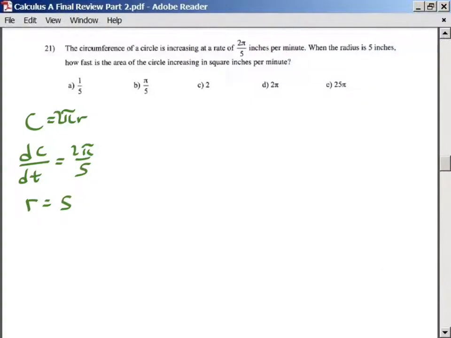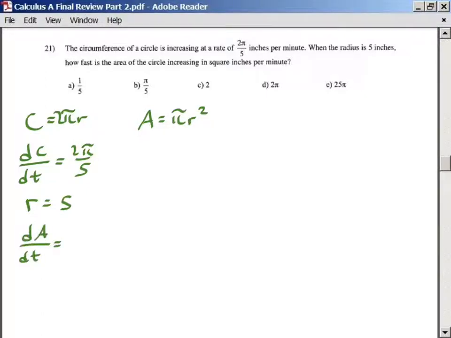Alright, so the area of a circle, just writing down another equation now, A equals pi r squared. Okay, so we want to find, if I go back and read this, how fast is the area of the circle increasing? That's another rate. So we're looking for dA over dt.